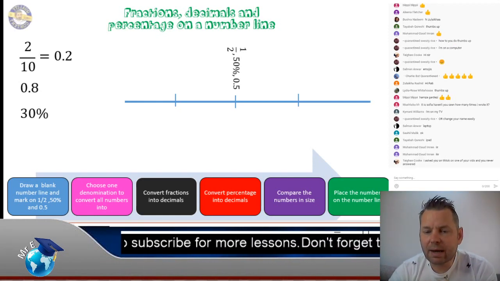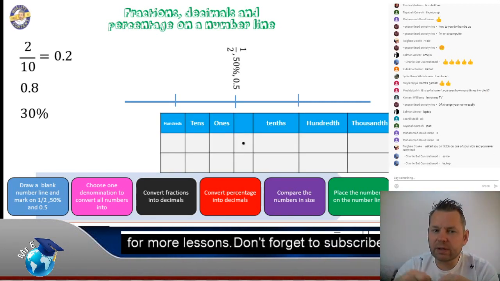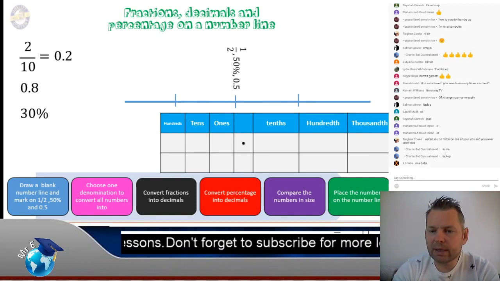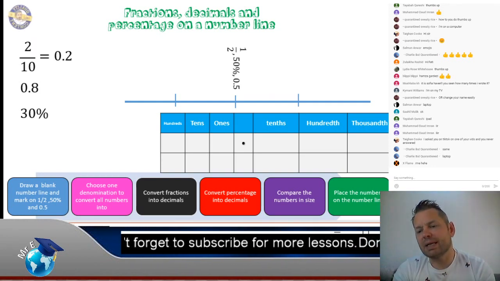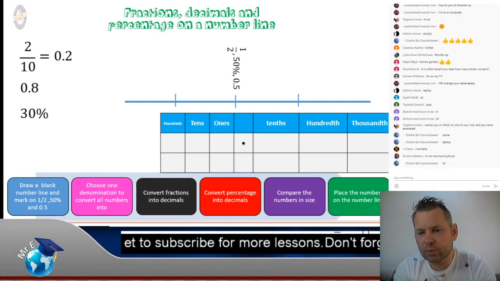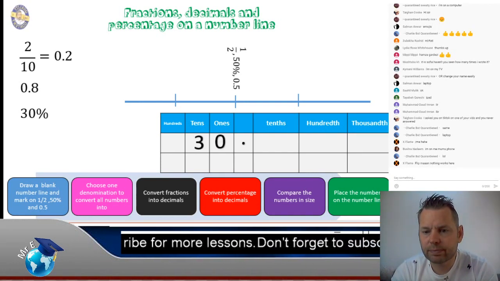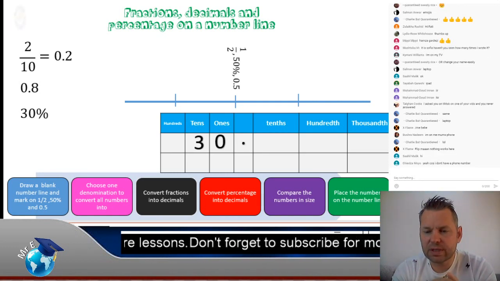I'm going to do the same now with my percentage. So I draw myself a quick place value grid, nothing beautiful, and I plot my numbers. But this time, I've already got my percentage, so my numbers will go in the correct columns. I have 3 10s and I have 0 1s because I have 30%.